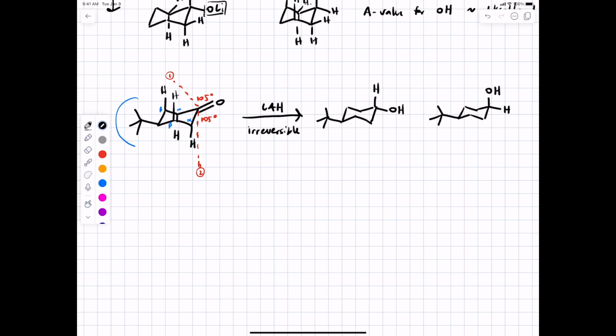It is true that having the OH axial is less stable than having the OH equatorial, all other things being equal, but that doesn't matter here because the reaction's irreversible. So the only thing that matters is which product forms fastest, which approach is fastest, not which product is the most stable one.